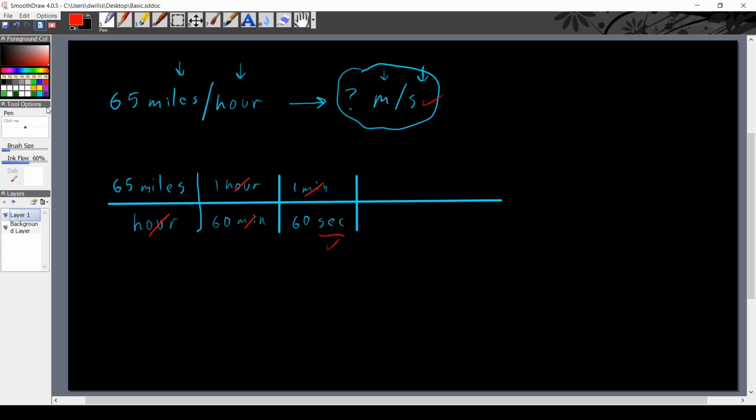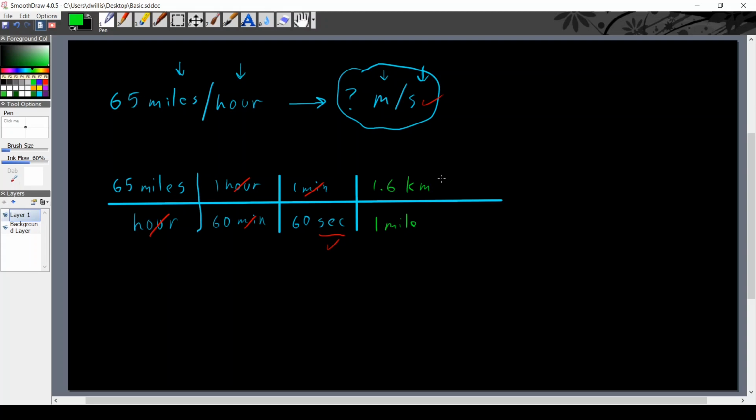But now we need to go ahead and convert the miles into meters. All right. So let's see. I happen to know that 1 mile is equal to 1.6 kilometers.